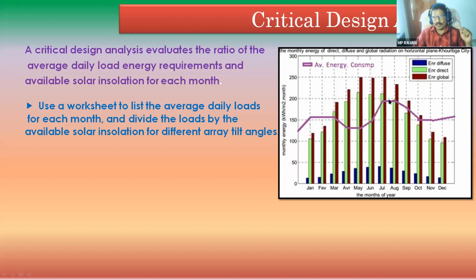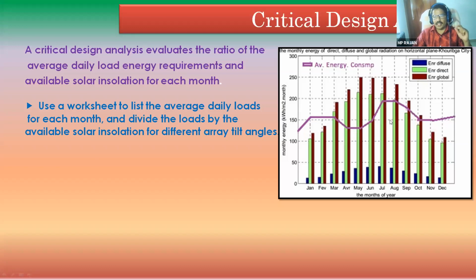Here, energy requirement is more, but your insolation is also high. Here the energy requirement is low and your insolation is also low. But in some places you can see energy requirement is high, but solar insolation is less.